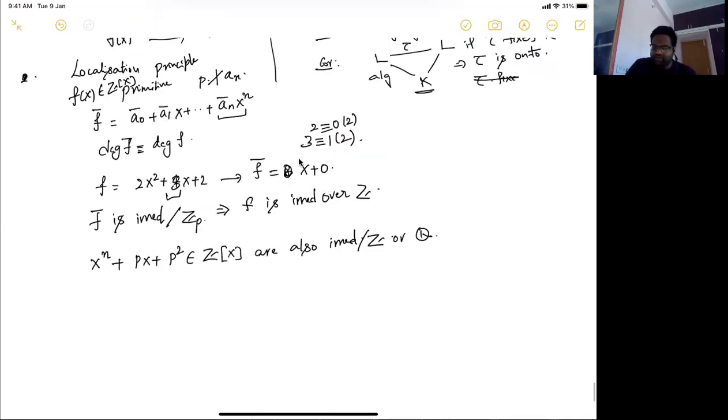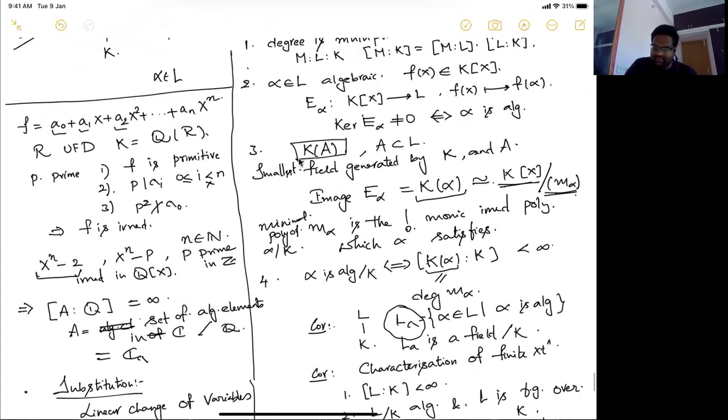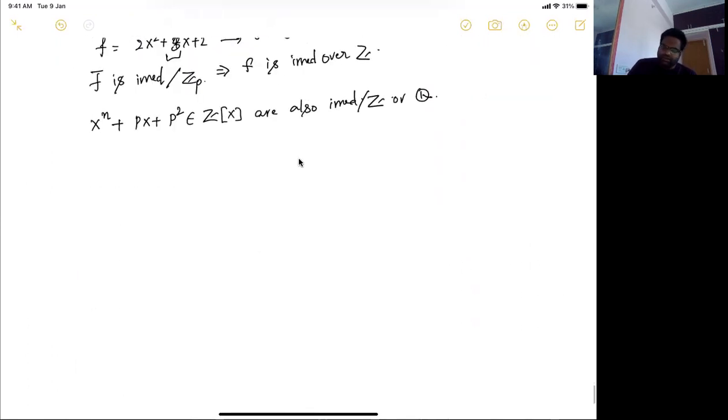So this is what we have been doing for the last 3 classes. So let us move on and try to apply the concepts we have learned to solve some elementary problems. Problems are as follows.